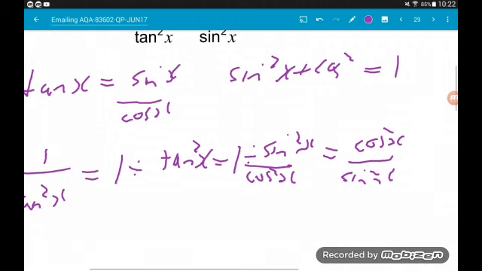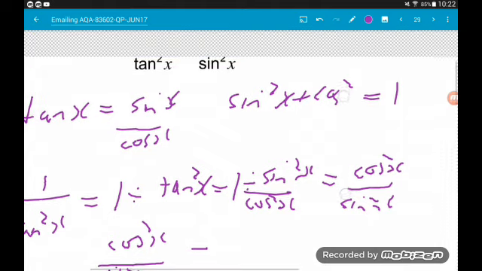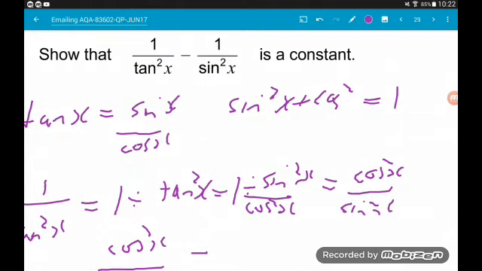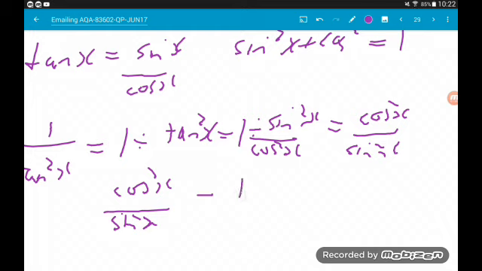So now our question becomes cos squared x over sine squared x minus, is it minus? It is minus, good times, minus 1 over sine squared x.